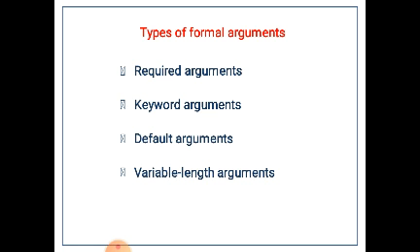And the fourth one, variable length arguments. I repeat, we see the types of formal arguments on the screen, which are classified into required arguments, keyword arguments, default arguments, variable length arguments. Just note them down.